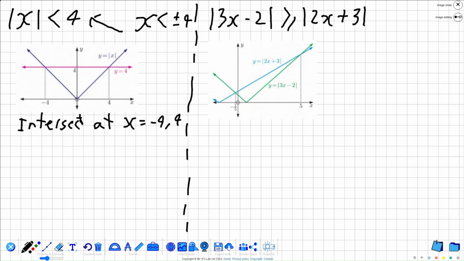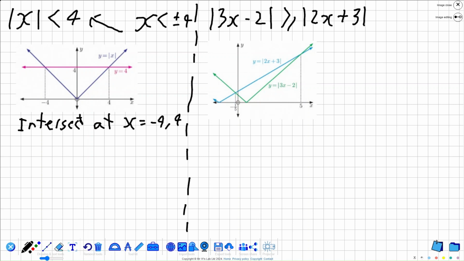So what we can do now is say, knowing that |x| has to be less than 4, the only section we need to look at is this section here. We can forget about these points here because it needs to be less than 4. That only occurs when y, because we've got the 4 point, is less than 4.